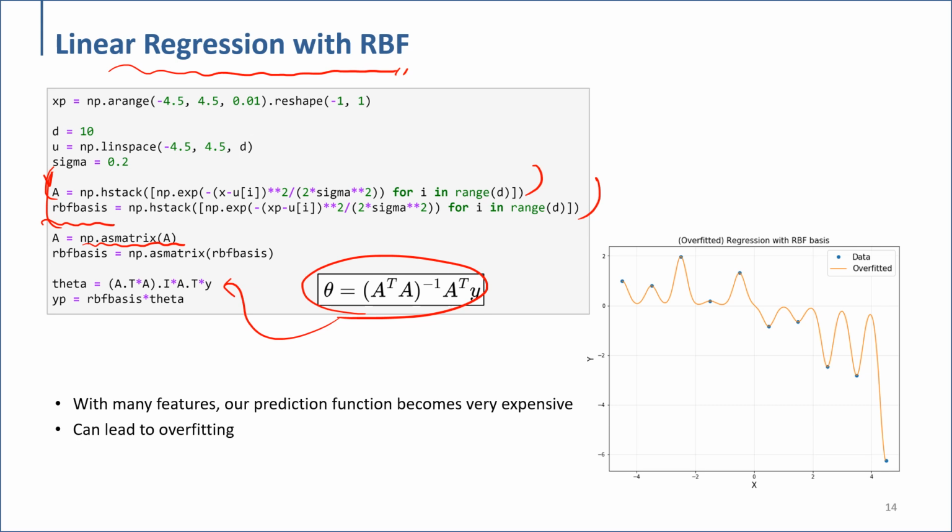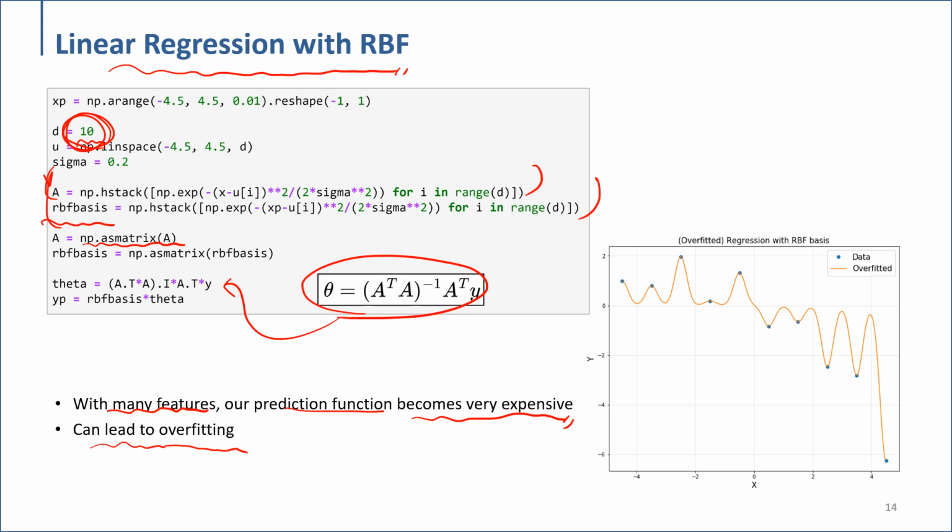And if you keep increasing the degrees of RBF for many features, our prediction models become very expensive. But also, this is similar to the polynomial regression problem. It can lead to overfitting problems.